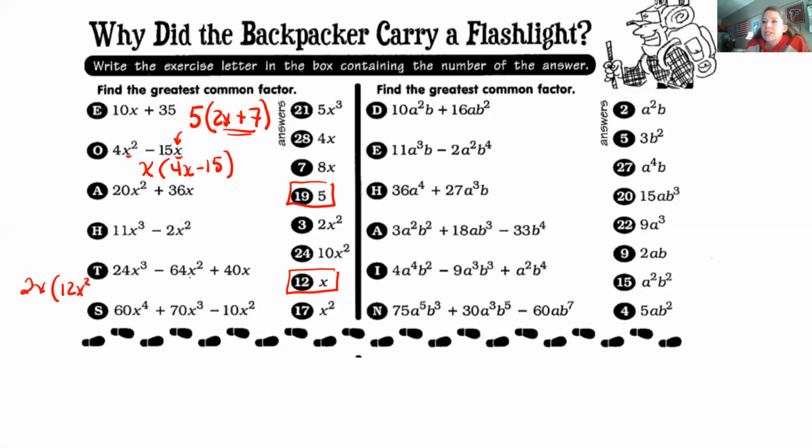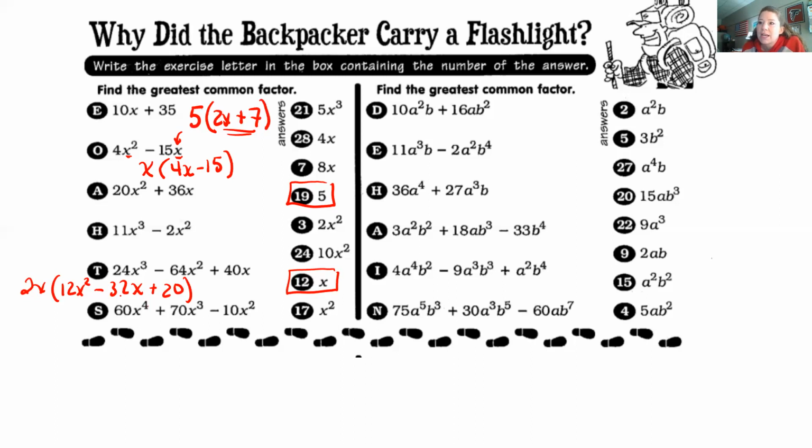Negative 64x squared divided by 2x is negative 32x. And 40x divided by 2x is plus 20. Now, first of all, I don't see 2x over here on the right, but also if you look at the numbers left in the parentheses, they're all still even, right?